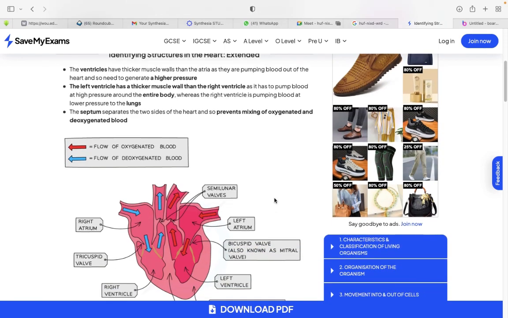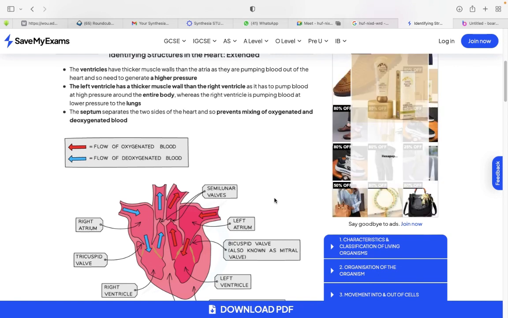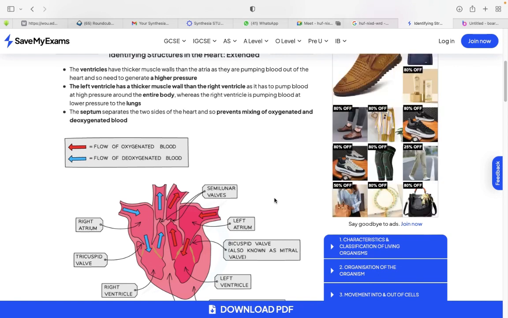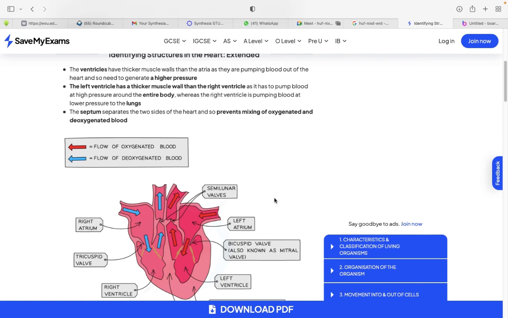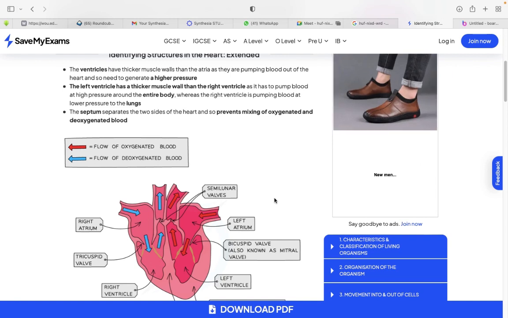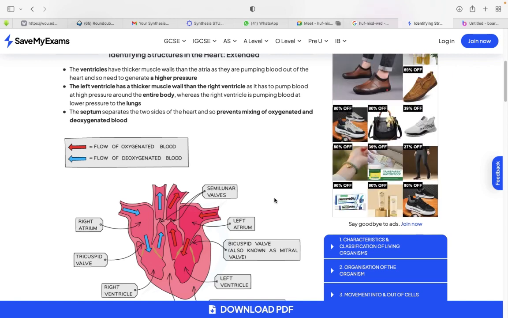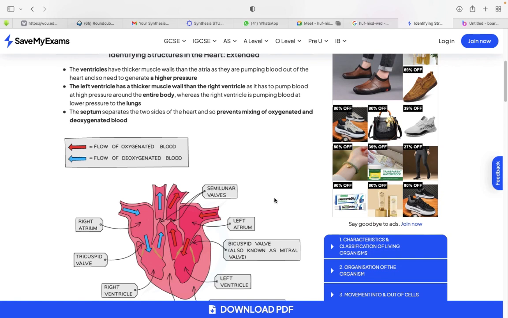So we have the left ventricle and the right ventricle. That's the first introductory point: because the blood is being pumped from the ventricle, the ventricle needs to be able to withstand high blood pressure. The blood is pumped out of the ventricle to the aorta, the biggest artery that takes the blood away from the heart.